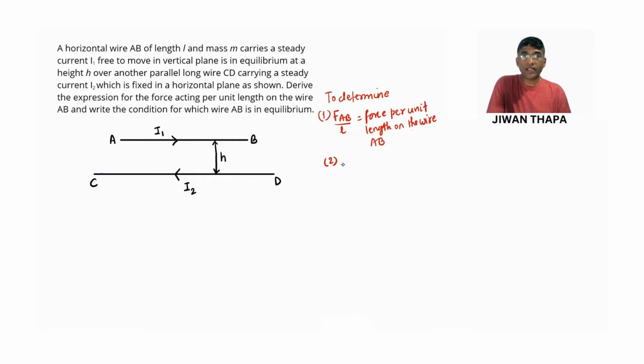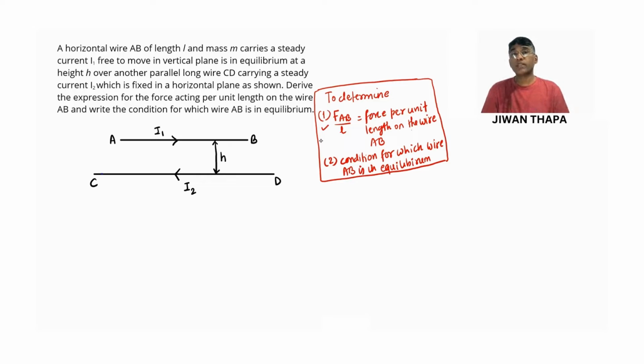Next, we have to find the condition for which wire AB is in equilibrium. So we have to determine the force per unit length on the wire AB, and next the condition for which wire AB is in equilibrium.